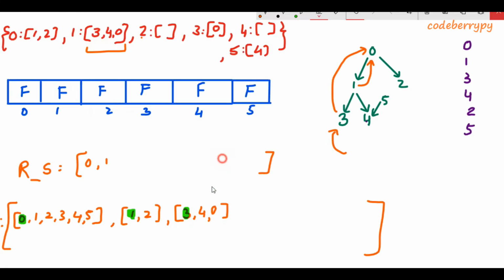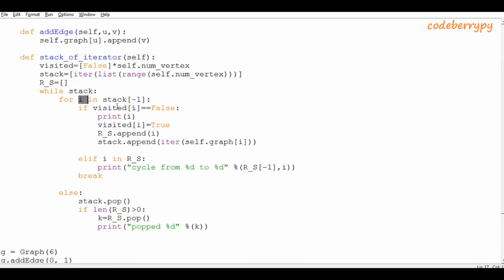It sees that it has already worked with 3, so now the chance comes for 4. So our i becomes 4. It sees that if visited[i] equals false, yes, 4 has not been traversed, so it prints 4 and changes the value of the 4th index of the visited list to true, and appends 4 inside this recursion stack.